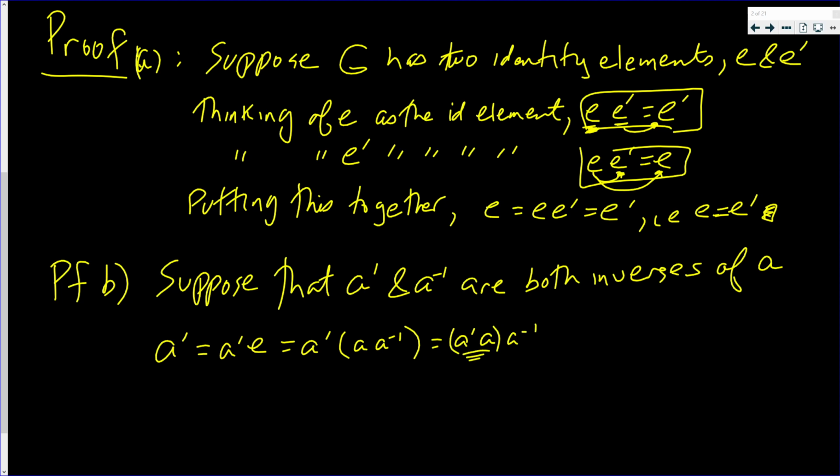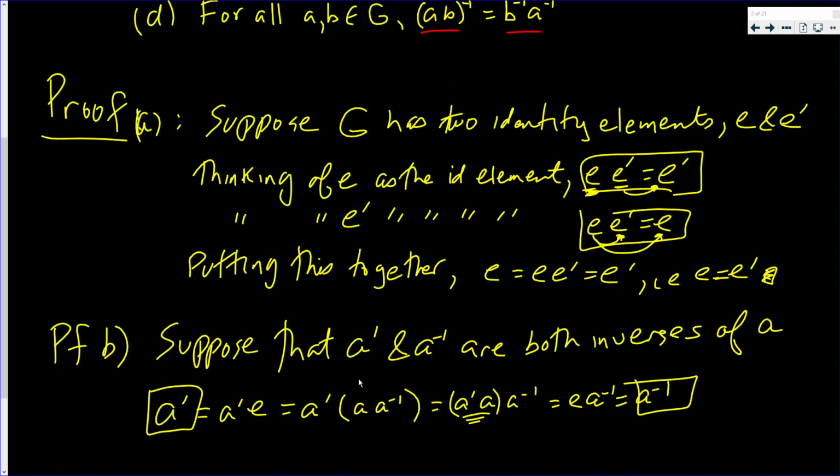But A prime times A is E. This is E times A inverse, which is A inverse. Therefore, A prime is equal to A inverse. That is, the inverses are unique.